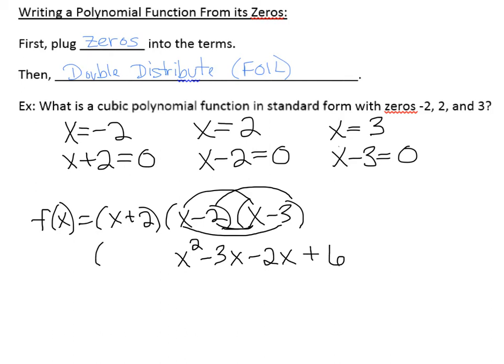So we still have our x plus 2 at the beginning, and we've got this nice long polynomial. Well, after we FOIL, we start looking for our like terms, and that's going to be the negative 3x and negative 2x, which is negative 5x.